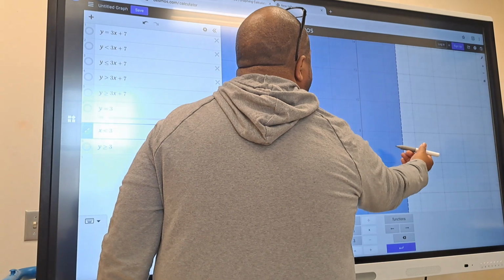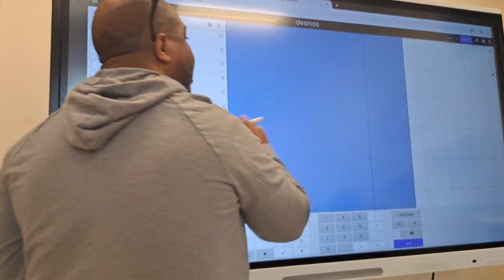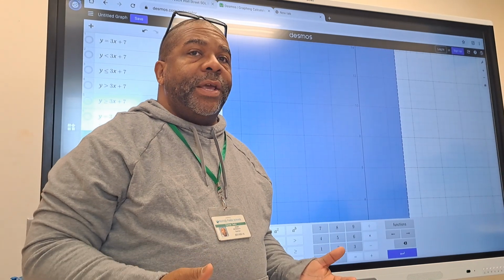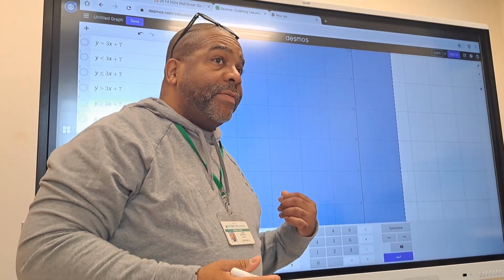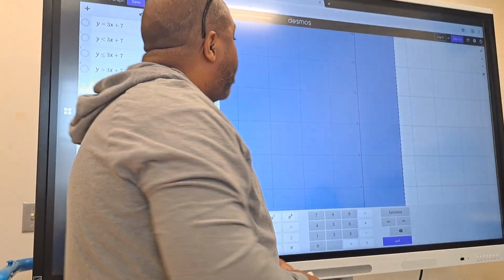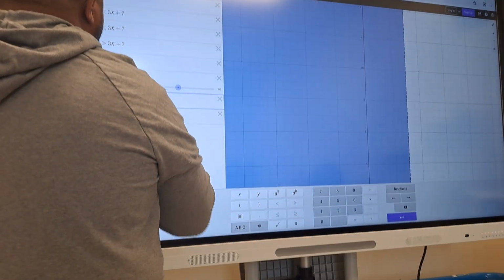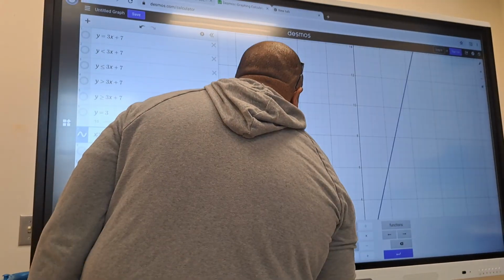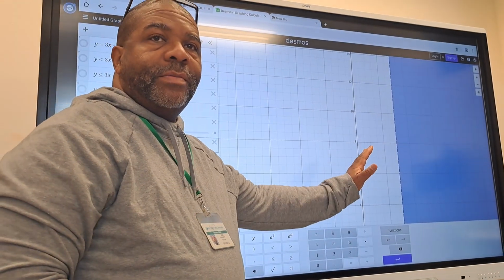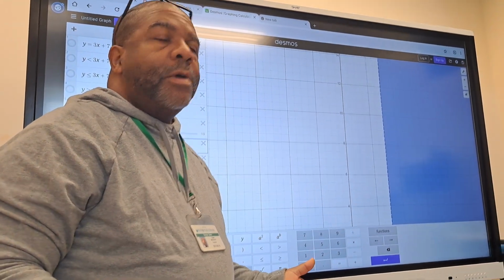When it's less than and it's an undefined line, you shade to the left. That's why I was saying earlier, when something is less than or equal to, you shade to the left or you shade down. In this case, we're going to shade to the left. All right. What if it was x is greater than? Now we're shading to the right. That makes sense? Yeah. All right.